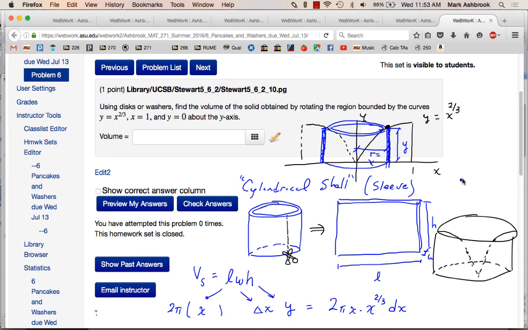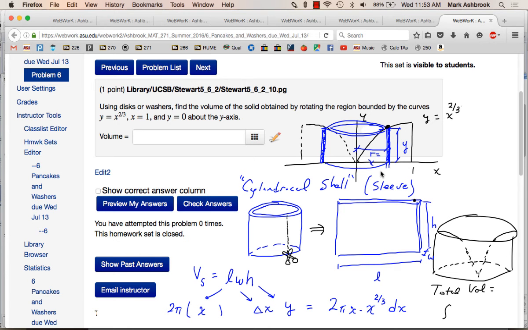Okay. So then we're going to add these up. The total volume is going to be the integral from... So our first shell is at what? X equals 0. It's an almost 0 height shell with almost 0 radius, right? It's like this point. And then each shell gets taller with a greater radius.